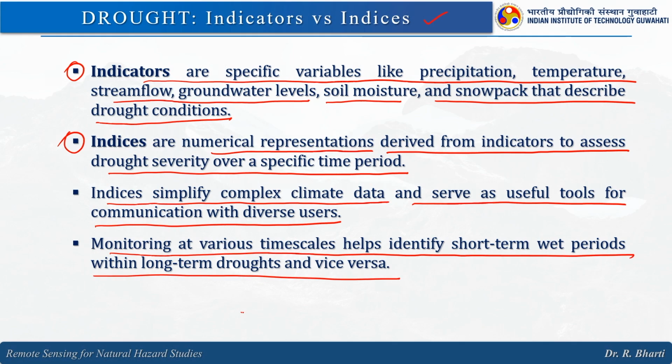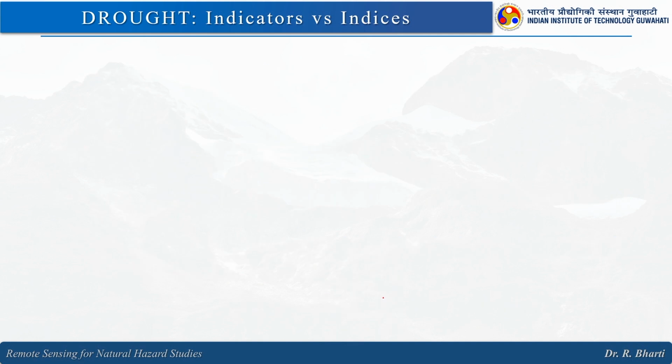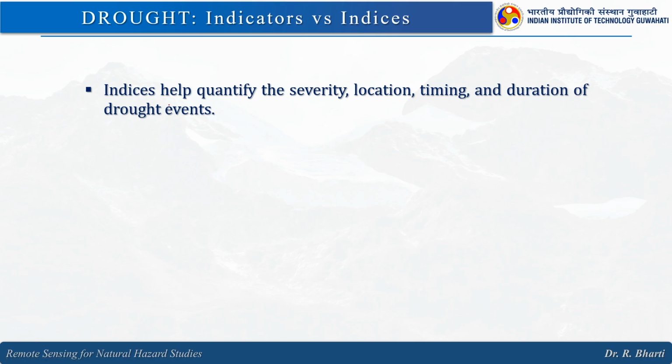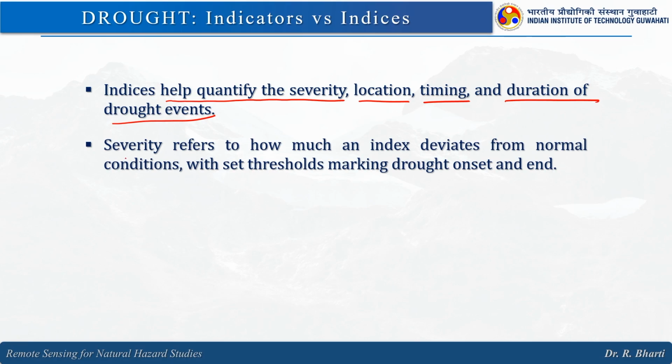Let us say there is a 10 year drought period, but in between there might be a possibility of rainfall, and if we evaluate this particular time individually, it will not qualify as a drought condition. Indices help to quantify the severity, location, timing and duration of drought events.